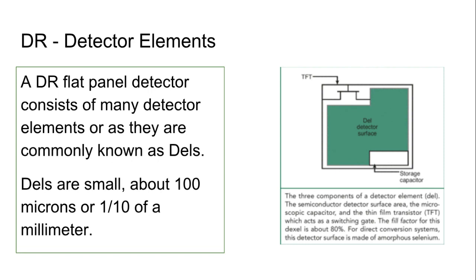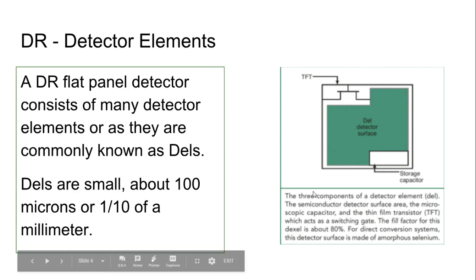I think the flat panel detectors in the DR room in the lab, the old room 4, which is now room 1, were about $80,000 each. The reason I'm saying that is because they have a lot of tiny little electronics built into each of those thousands of DELs. You have what's known as a TFT, which is a thin film transistor, right?